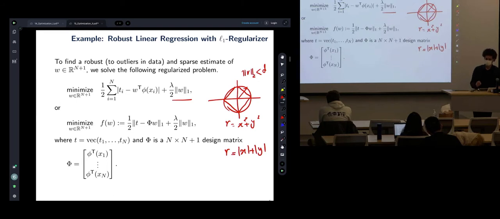Again, the historical reason for that is that when we want to promote sparsity, this is a topic in the sparse coding literature, we want to actually minimize the zero norm. The 0 norm is just counting the number of participating weights as opposed to what's the value of the weights.